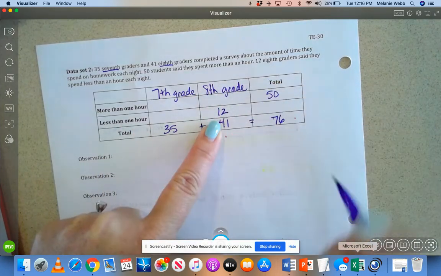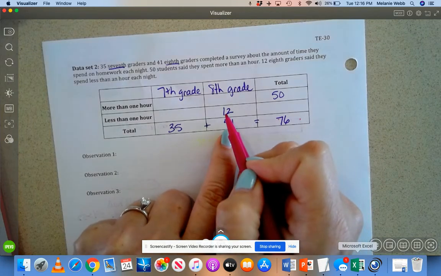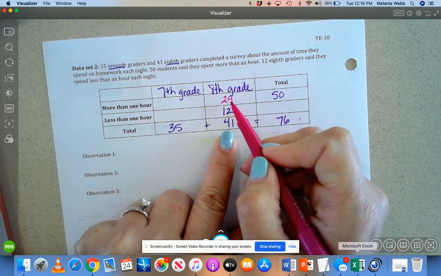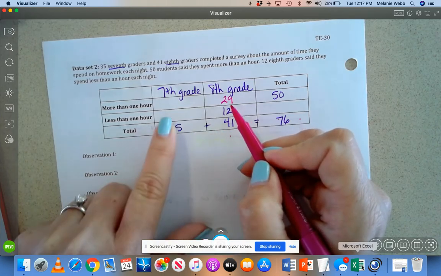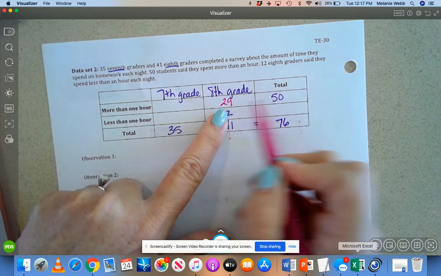Okay, so now I can fill in the rest of the table just by subtraction, right? So 41 minus 12 is 29. 8th graders spend more than an hour. Here I have 50 minus 29 for how many students spend more than an hour.